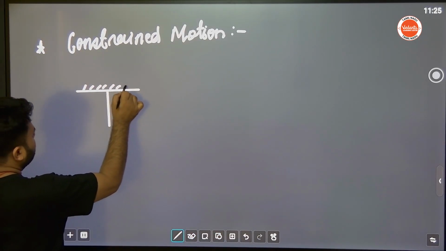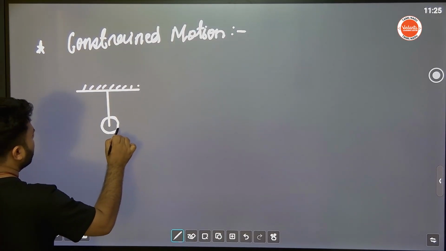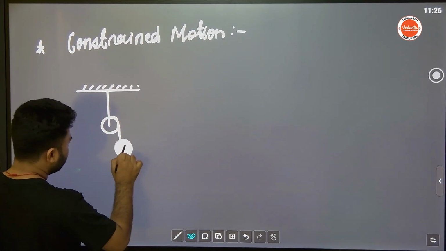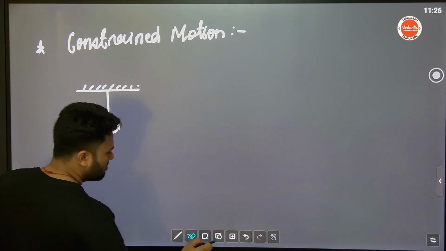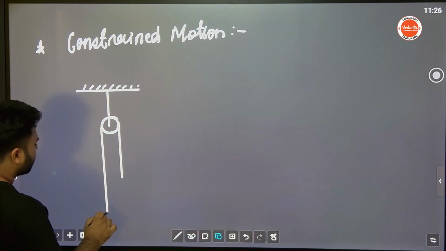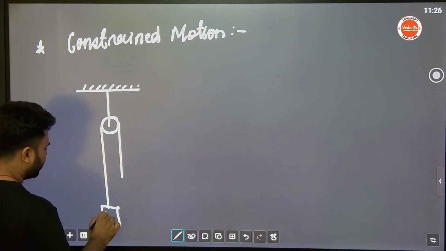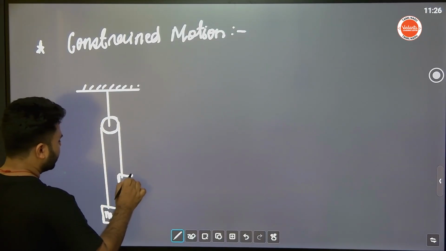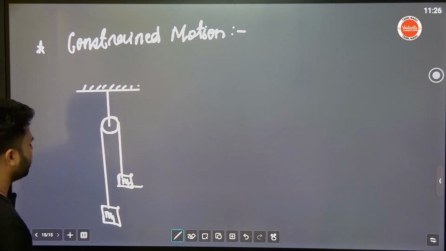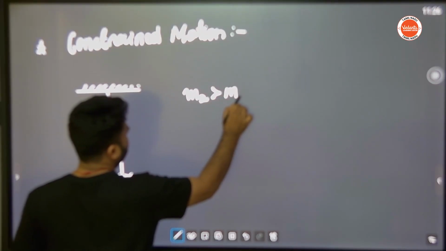I will draw with free hand only. So suppose there is a pulley kind of arrangement. This is M1 suppose, and this is M2. And any one of them is heavier. Suppose M2 is heavier than M1.